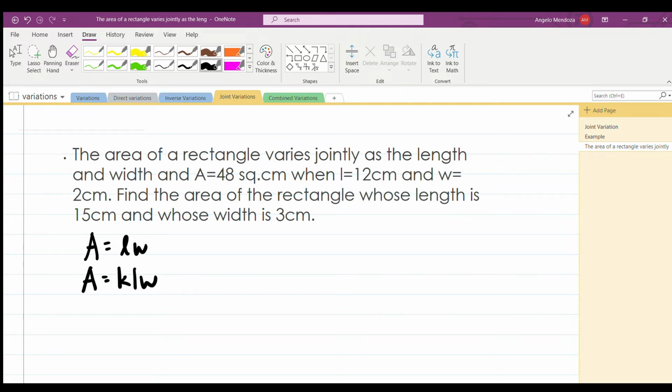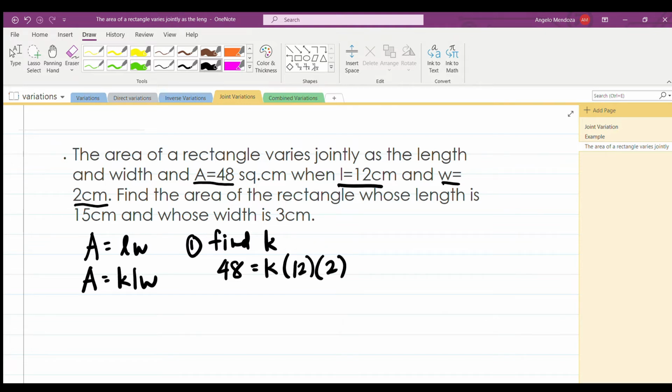Now the next step is to find the value of K. So find the constant using the value of area, length, and width. We have A, so that will be 48 is equal to K multiplied by the length multiplied by the width.